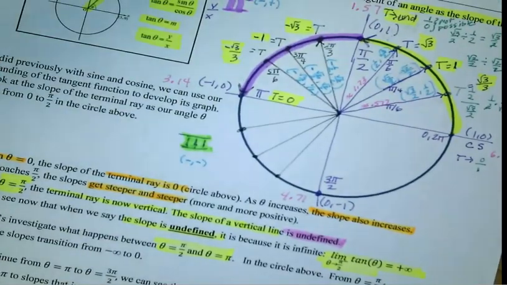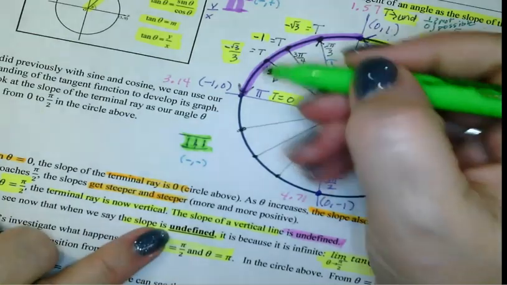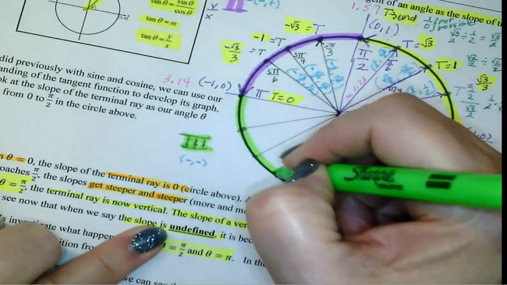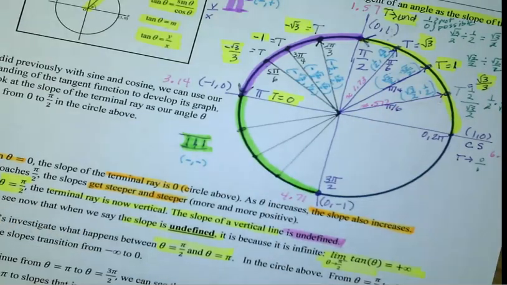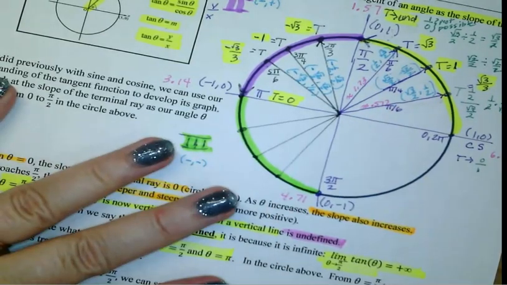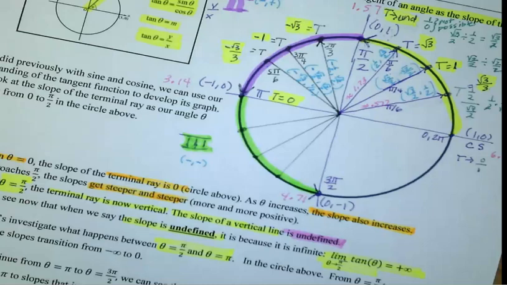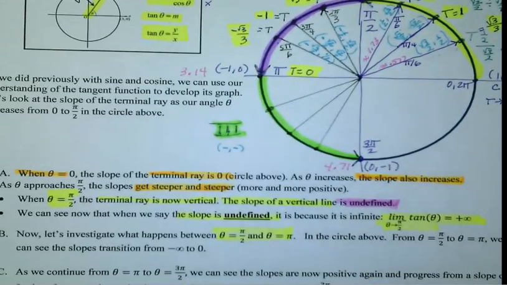Okay, so for this quadrant then, remember we're moving from pi, continuing in the positive direction, around to 3 pi over 2. So we're looking at how these lengths of these rays, this terminal side, and the fact that we have tangent for each of those.